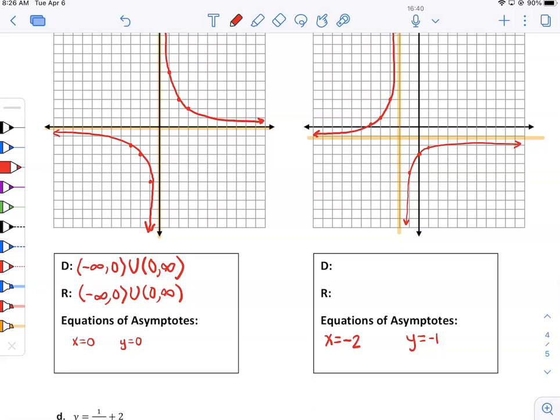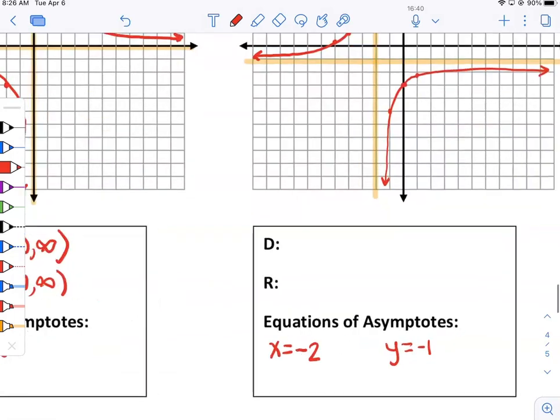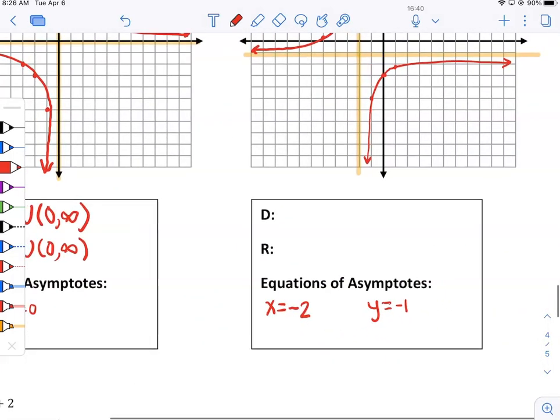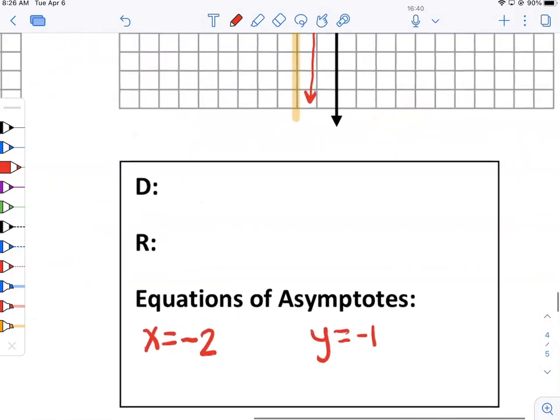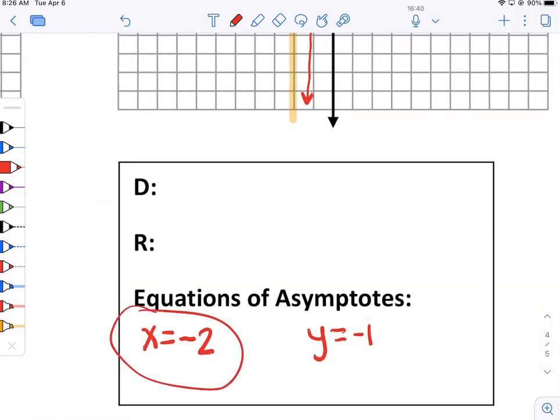Okay, so domain and range here. Let's talk about how to use these asymptotes to help us write these. The general form is, again, it's all real numbers except those points. So except at x equals negative 2 and except at y equals negative 1. So how you're going to write those, the domain goes along with your x.